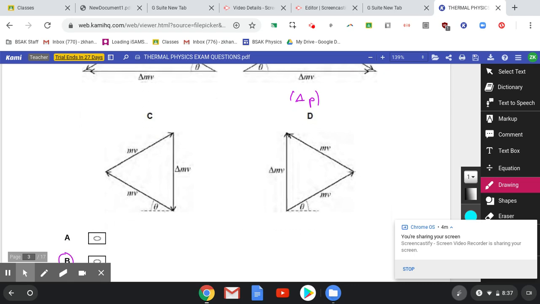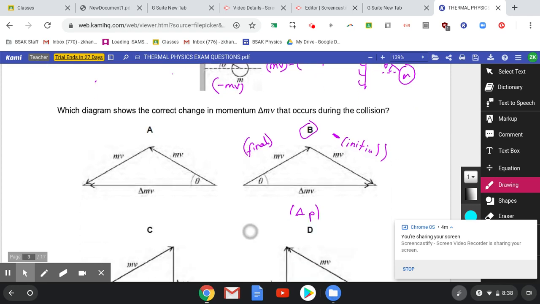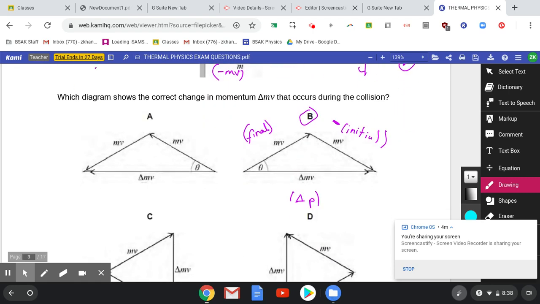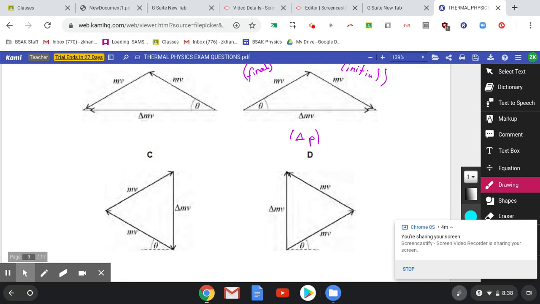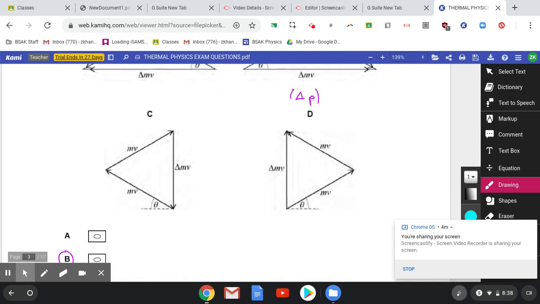It changes the direction horizontally. Here the ball is going upwards beforehand, and it still remains going upwards afterwards. The only direction that has changed is the ball was moving to the left, now it's moving to the right. So therefore, change in momentum is to the right.